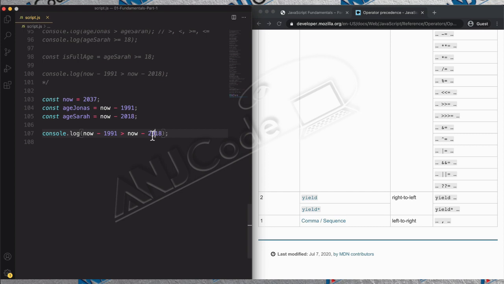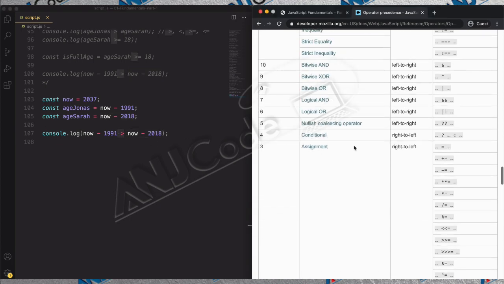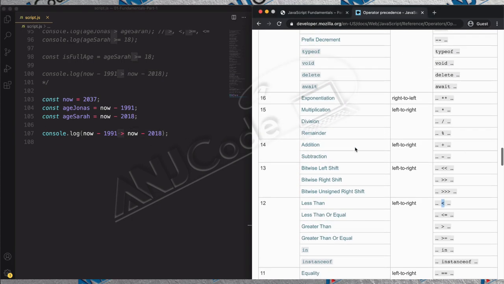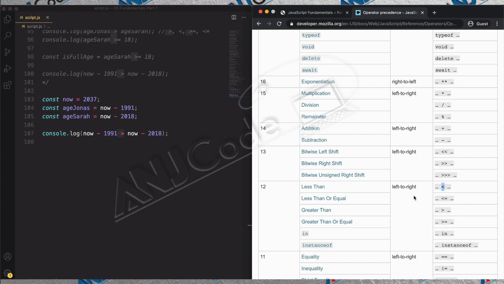But let's now stay in the context of our current example, which is this one here, and let's understand what exactly happens here in terms of operator precedence. So we already know that these two calculations here are done before the comparison. And so let's actually see that in the table. So here we have the comparison. So this greater than, and you see that it has a lower precedence than the subtraction here. So this has 14 and this has 12, right?